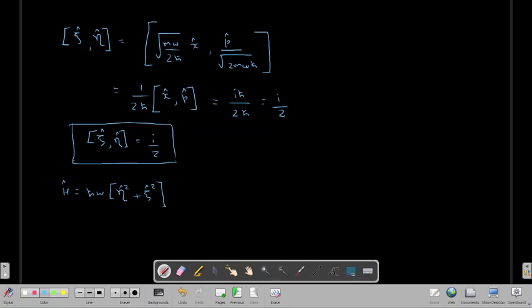Okay, so if I write H is h cross omega into xi plus i eta into xi minus i eta. Okay.